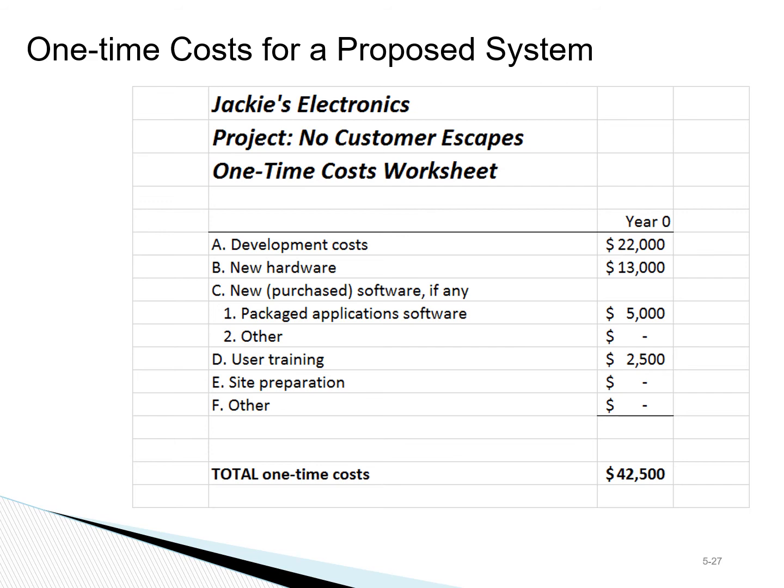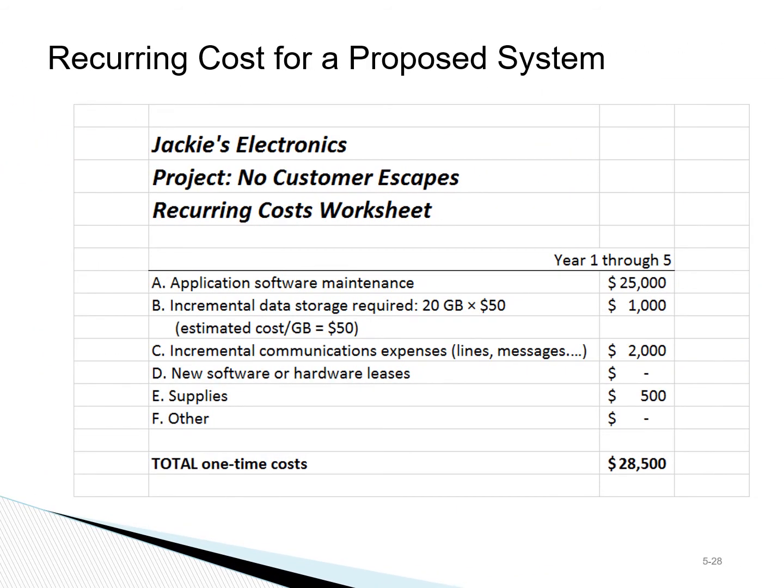These are all examples of one-time project costs that we need to consider. Another cost that gets into the analysis is recurring costs. We need to consider the ongoing costs such as maintenance costs, upgrades, supplies if we need those over time.